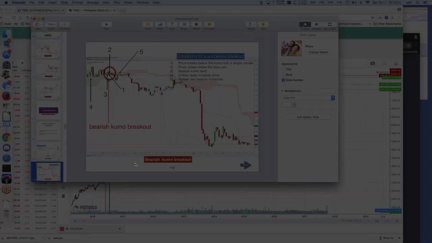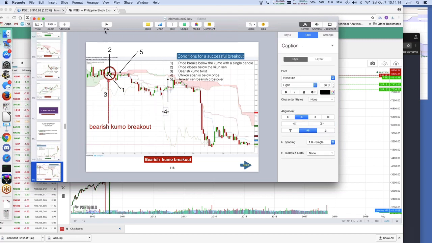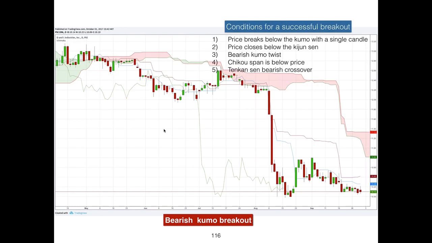Wait a minute, I have to correct this. I'm sorry about this. This bearish Kumo twist should be here because this is plotted forward. The fifth is a Tenkan-sen bearish crossover.